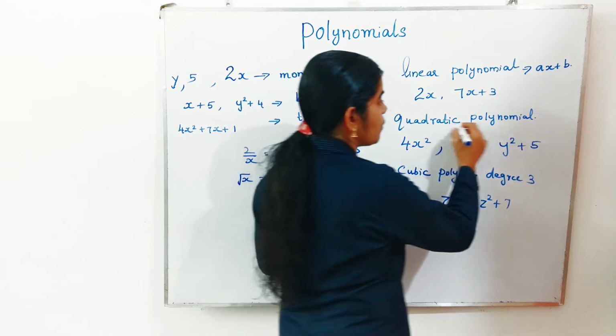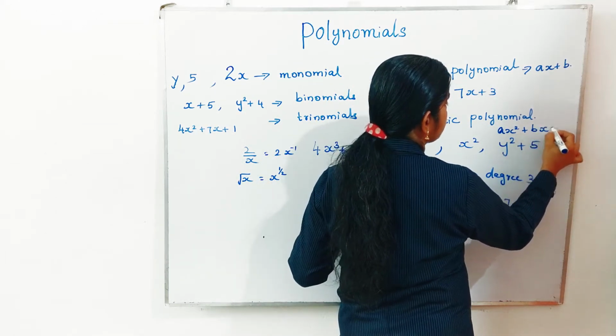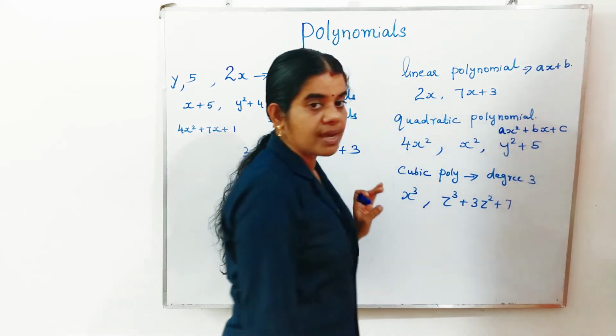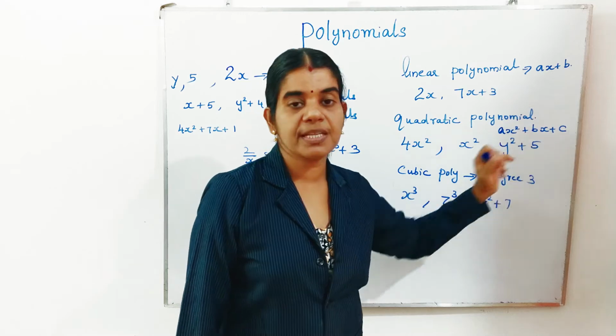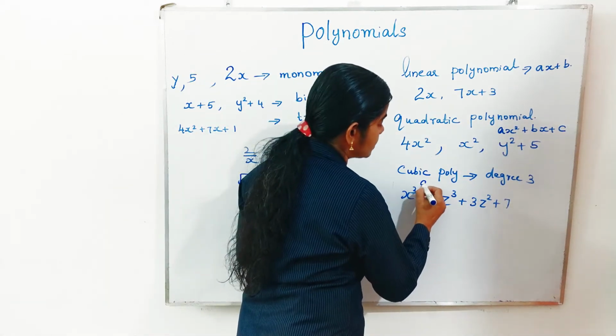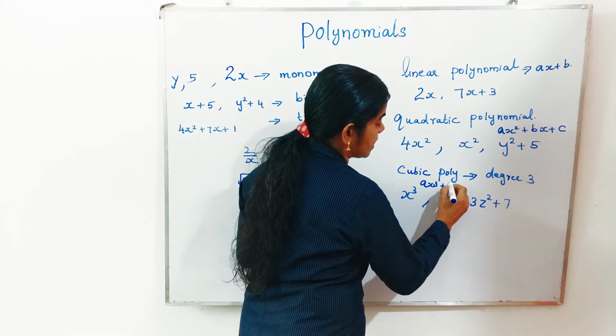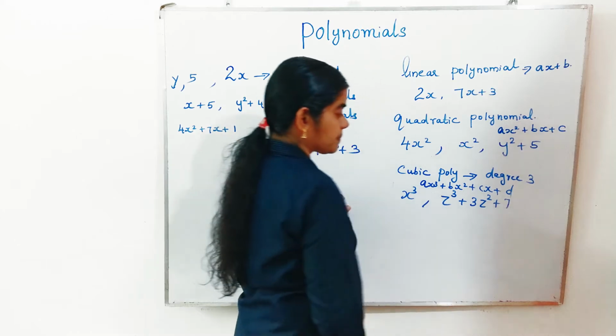The general form of a quadratic polynomial is ax square plus bx plus c. The standard form of a cubic polynomial is ax cube plus bx square plus cx plus d.